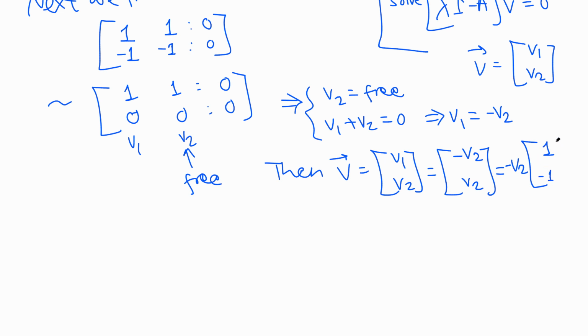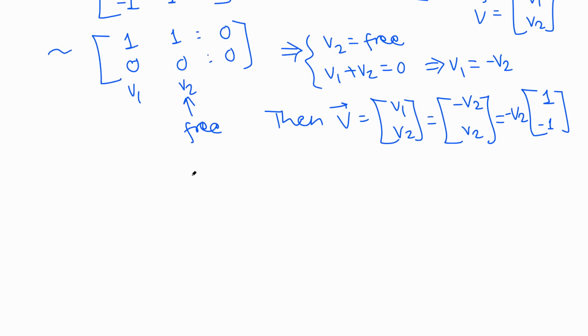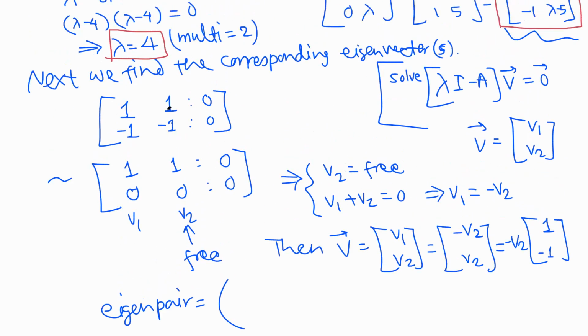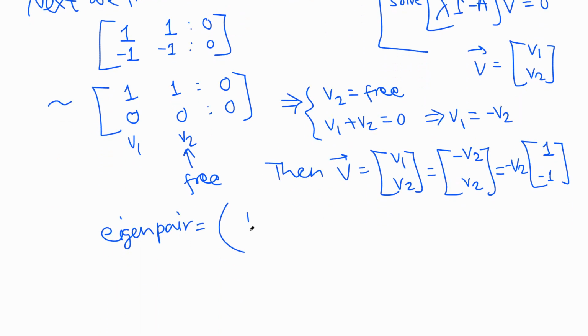This is a basis for the eigenspace corresponding to lambda equals 4. In any case, we got an eigenpair. Unfortunately, only one vector: for lambda equals 4, we got only one corresponding eigenvector.